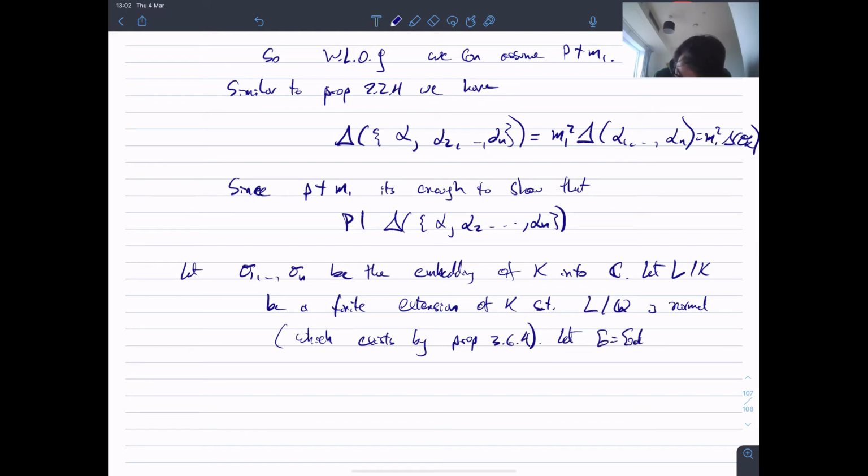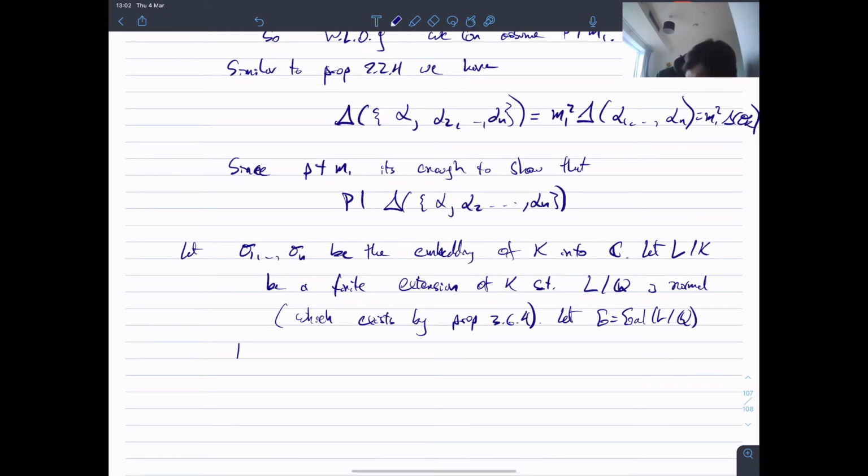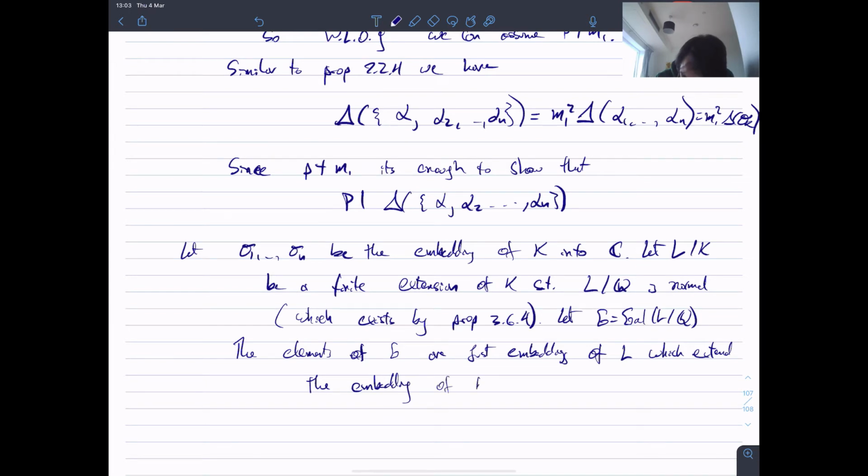So maybe the Galois group of L over Q. Then the elements of G, what are they? They are embeddings of L. Okay, sorry, maybe I said this wrong.